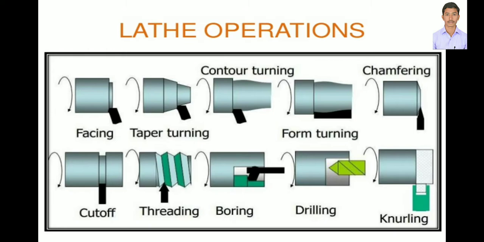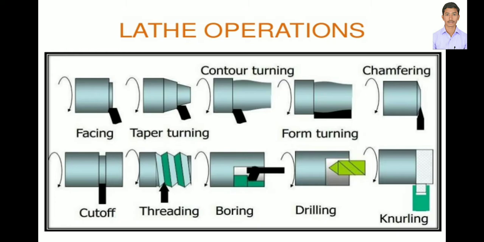So, the threading operation is also performed on the lathe machine, and so is boring. And with the drilling operation we drill holes on workpieces, whether flat, circular or cylindrical surfaces, or any type of object we take on the lathe machine.